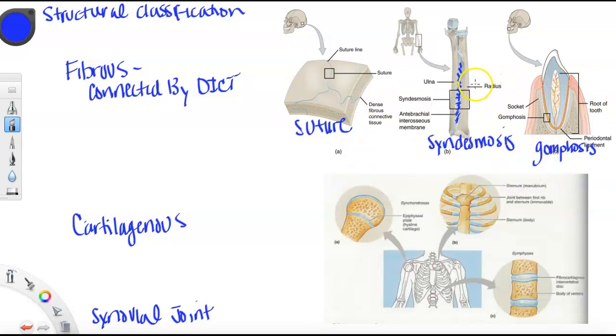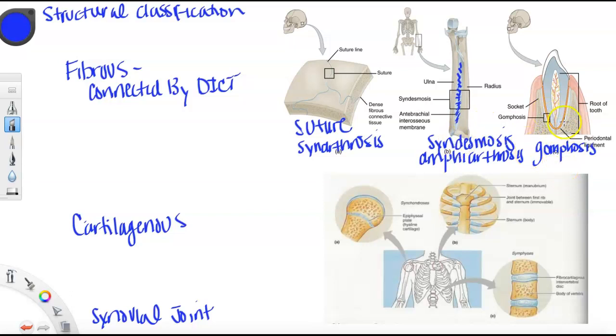So by and large, these don't move a lot. This is a synarthrosis. Your cranial bones don't really move at all. The syndesmosis here is an amphiarthrosis because there's a little bit of movement with pronation and supination of the forearm.